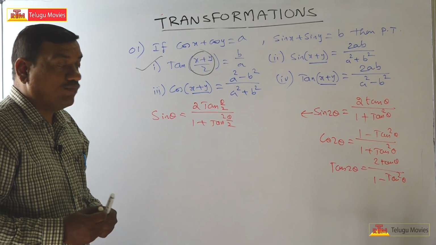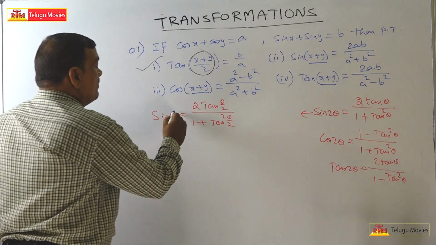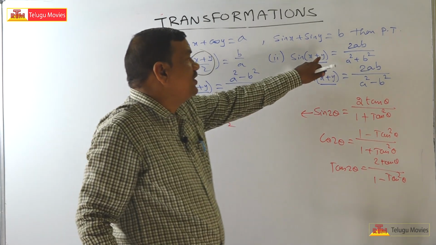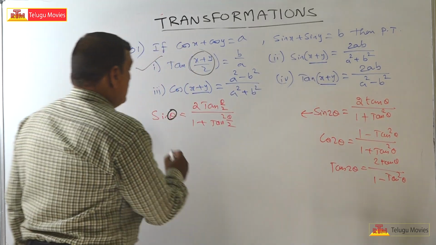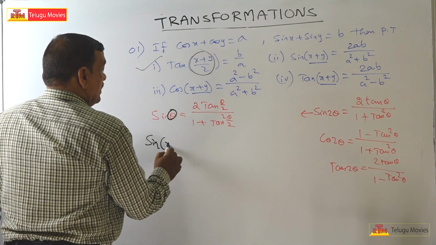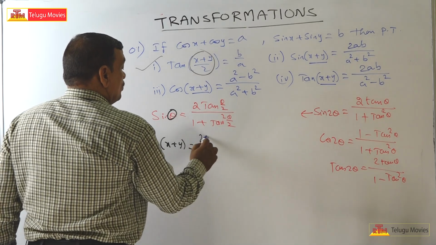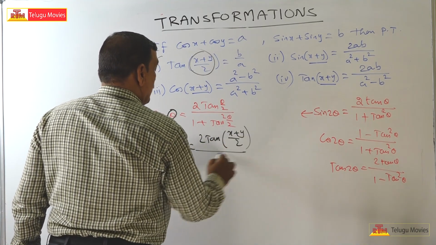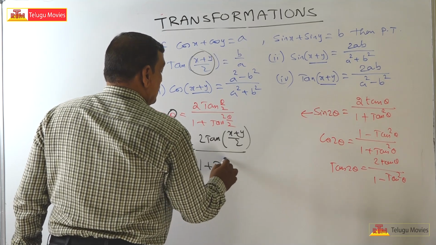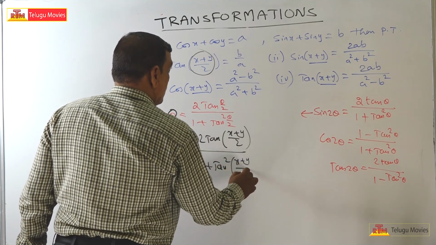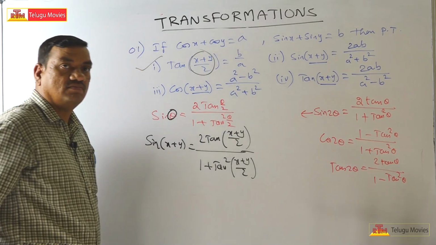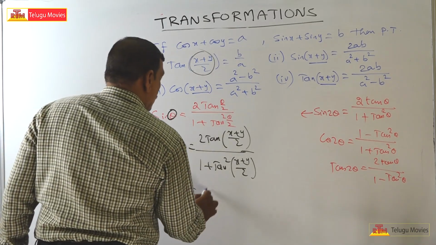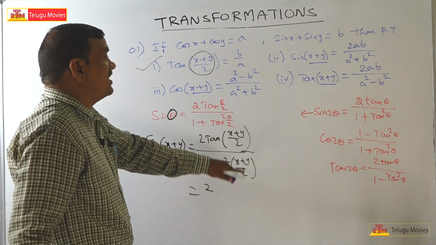Now, wherever theta is there, I will put x plus y. Substitute x plus y: sin of x plus y is equal to 2 tan of x plus y by 2 upon 1 plus tan square x plus y upon 2.